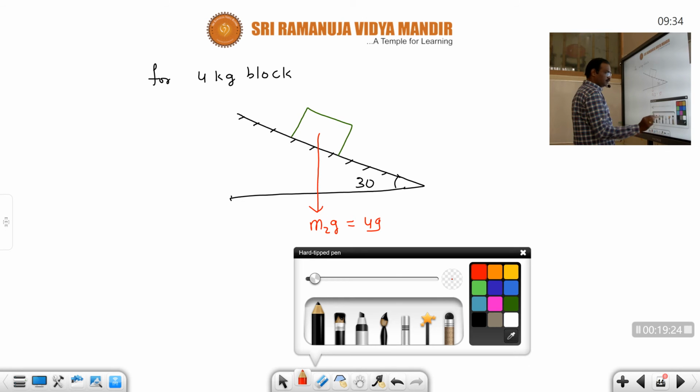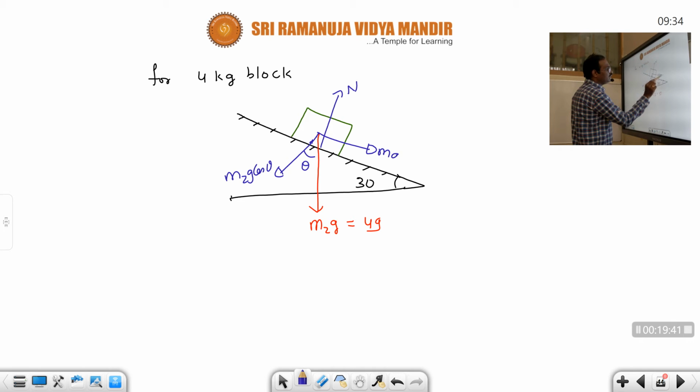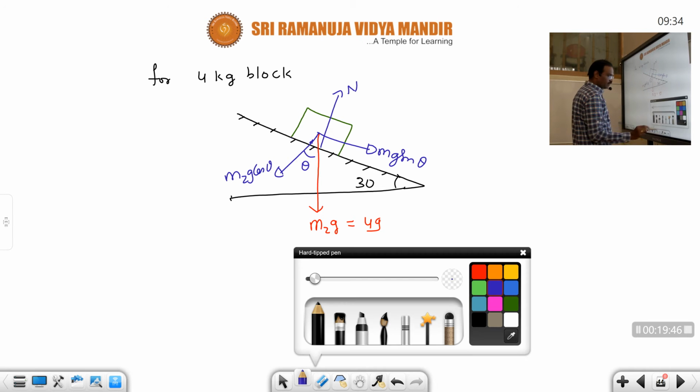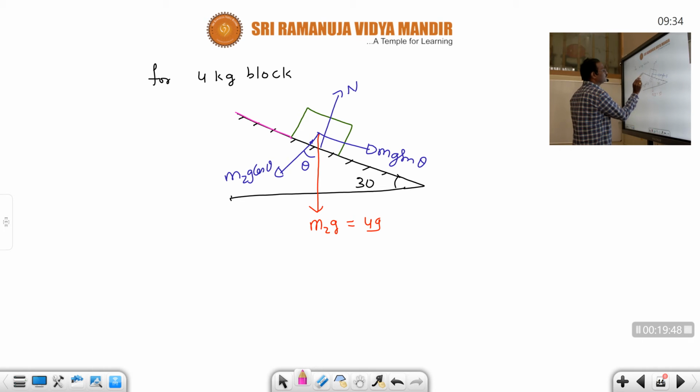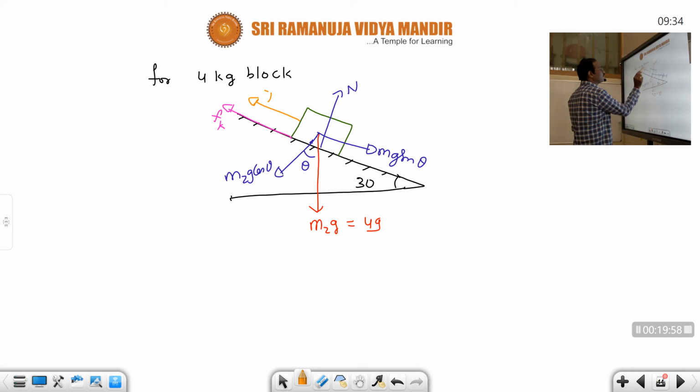And here is the normal reaction N, which is perpendicular and compensates m2g cos theta, and here it is mg sin theta. And this is tension, and force of friction Fk is there. T is the tension in the string also.